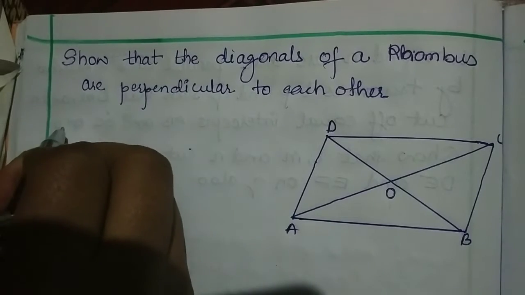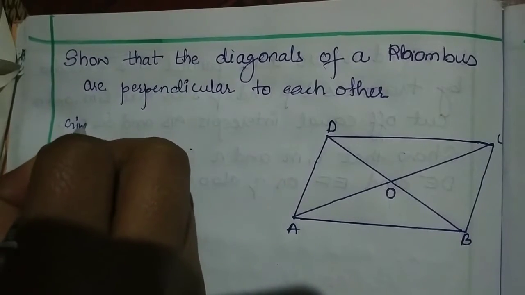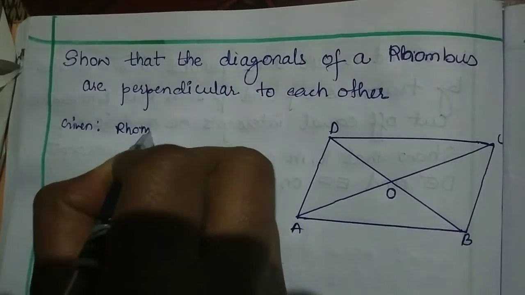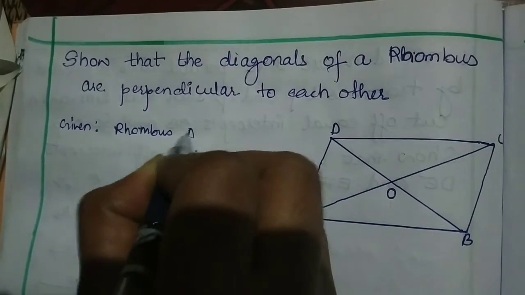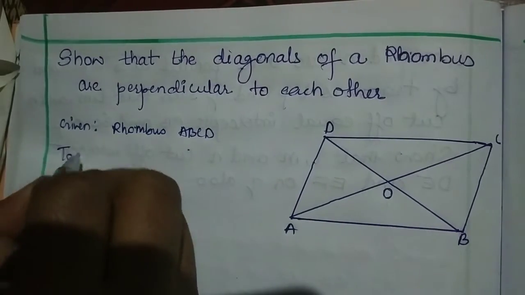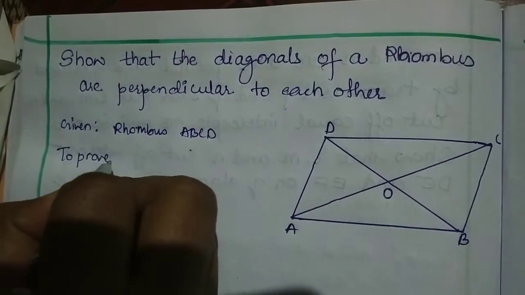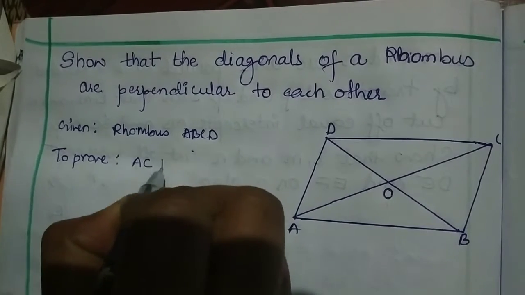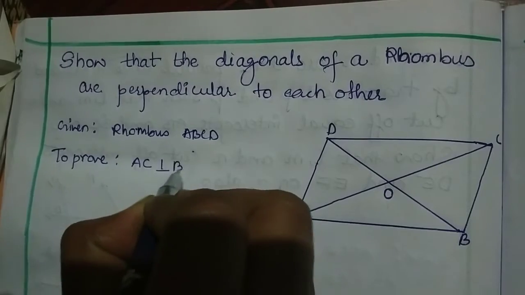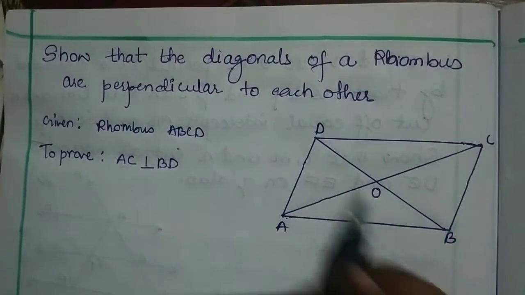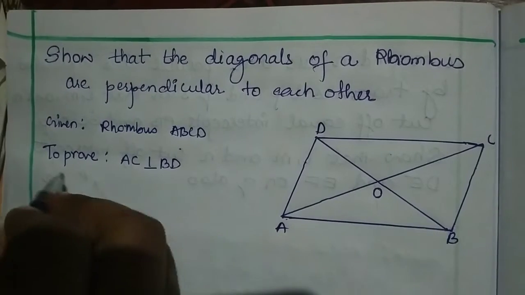Given: rhombus ABCD. To prove: AC is perpendicular to BD.